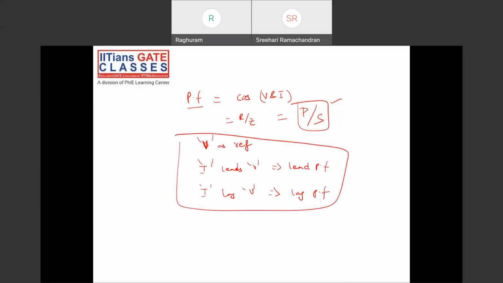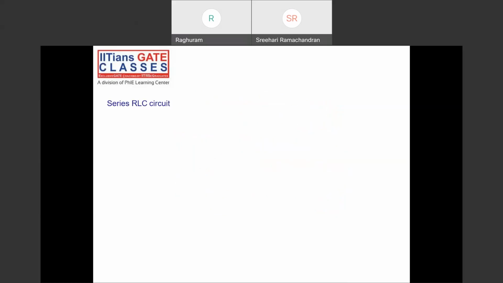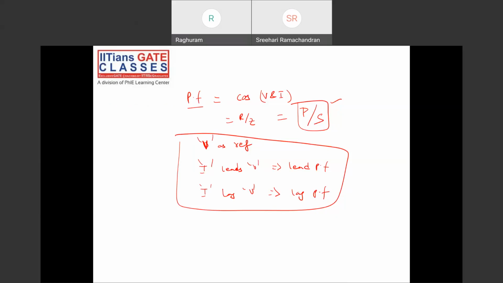Taking voltage as reference, when you say power factor is leading or lagging, you only say it with voltage as reference. Okay, clear? So always we use voltage as reference for this power factor, right?